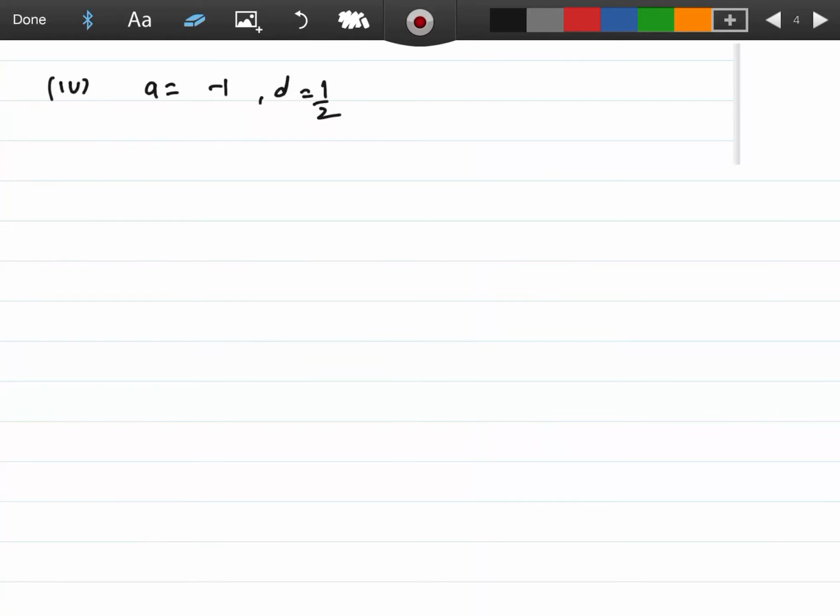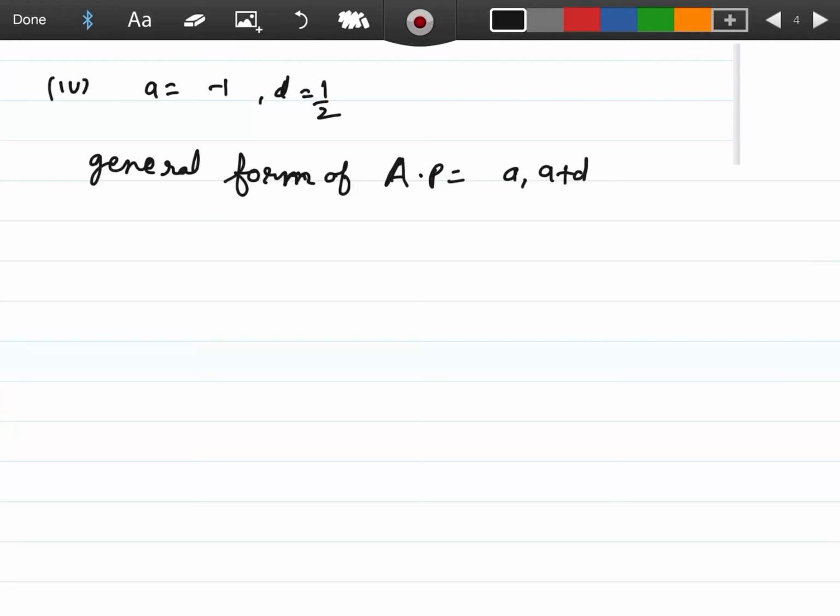Again, the general form of the AP, arithmetic progression, is A plus D, A plus 2D and A plus 3D.